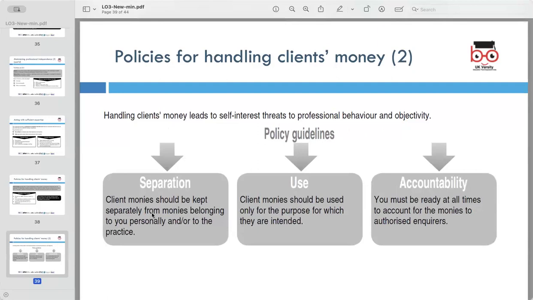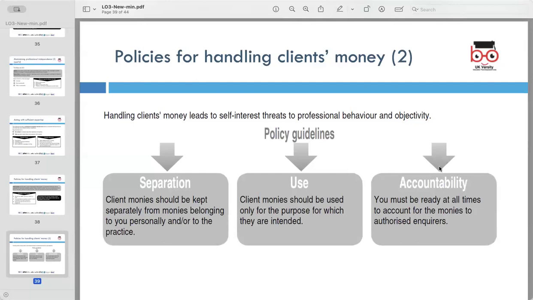Accountants must use client money solely for its intended purpose and be prepared to provide an account of these funds to authorized inquirers at any time. So basically, by following strict policy guidelines, accountants uphold professional integrity, mitigate the risk of self-interest threats, and ensure transparency and accountability in financial transactions.